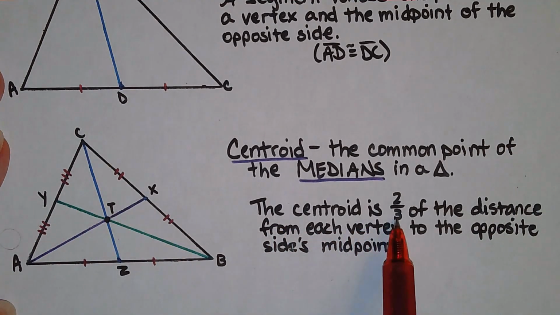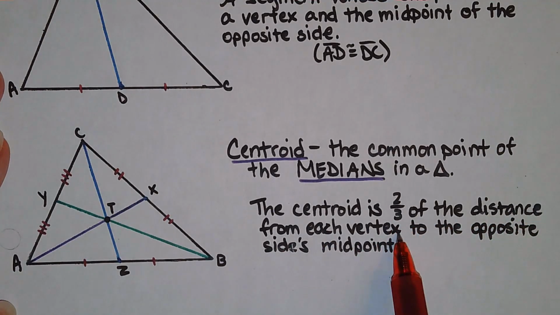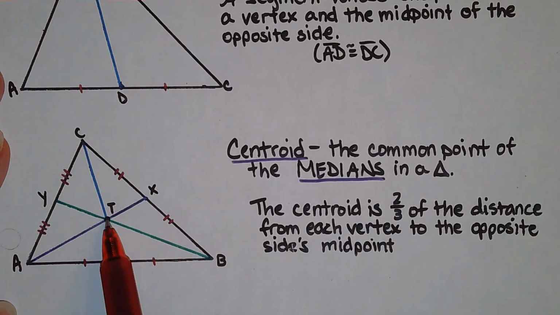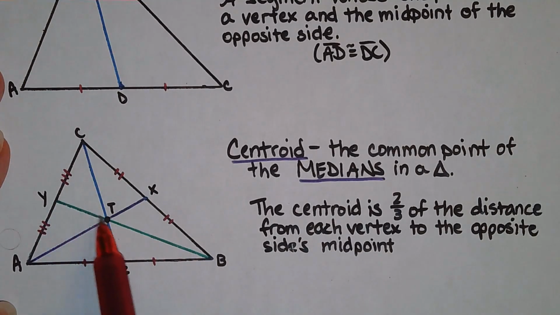And the centroid, this is the special relationship, the centroid is 2/3 of the distance from each vertex to the opposite side's midpoint. What that means, if I'm going to look at this green segment right here, is that the centroid, this point right here, is 2/3 of the way, and this is 1/3 of the way of this whole line segment.